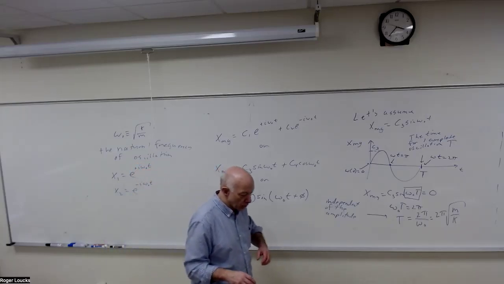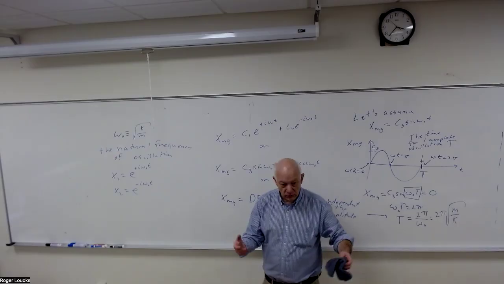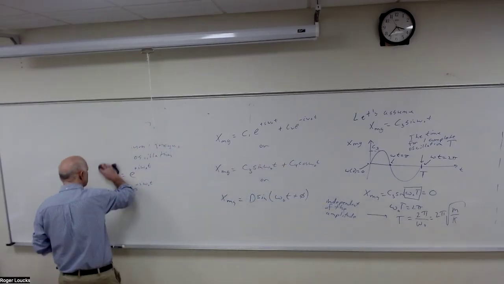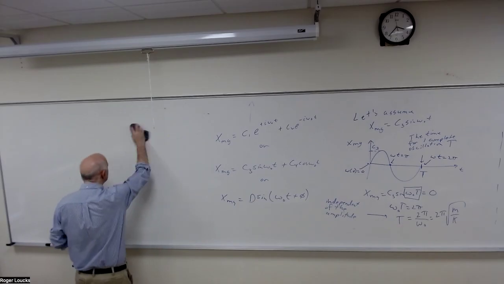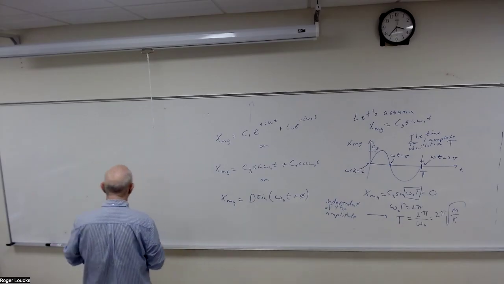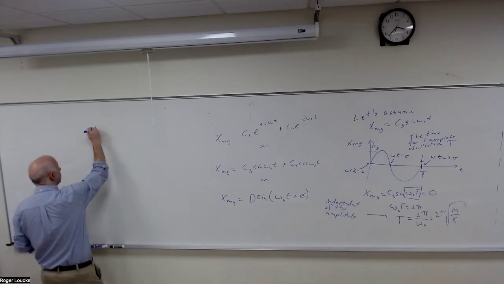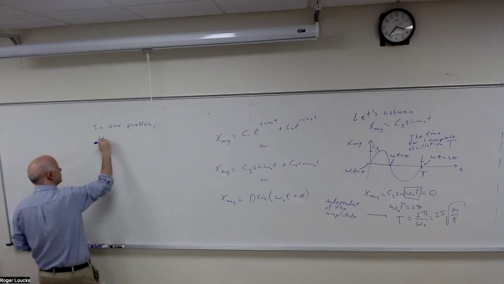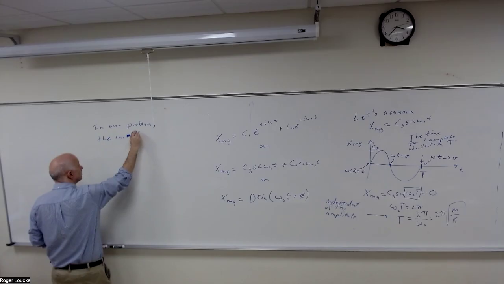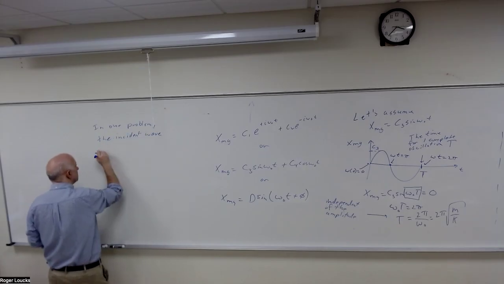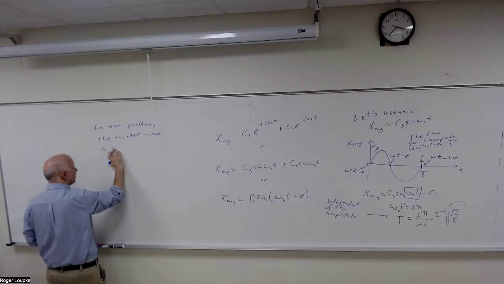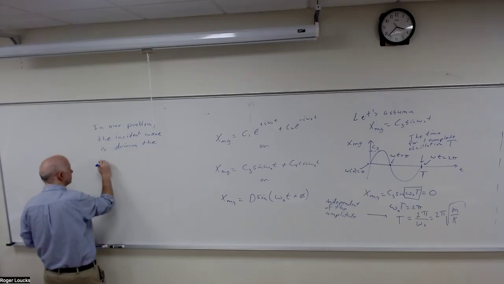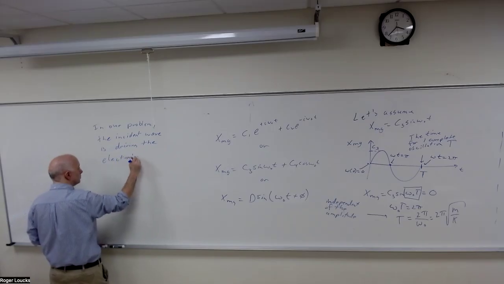Now, we want to think with this a little bit. We now want to have a driving term on that. So what happens? So in our problem, the incident wave is oscillating, is driving the electrons' oscillation.